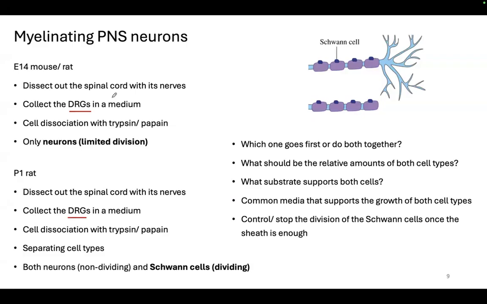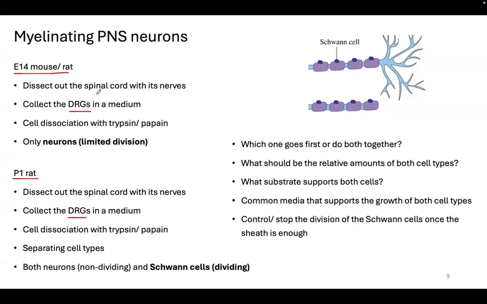So the spinal cord is dissected along with everything that's around it, and everywhere around is where you'll have your DRGs, your dorsal root ganglia. Whether you're talking about embryonic rat or mice, or the postnatal one, the rat was elaborated a little bit more, but in principle this can work for any organism.